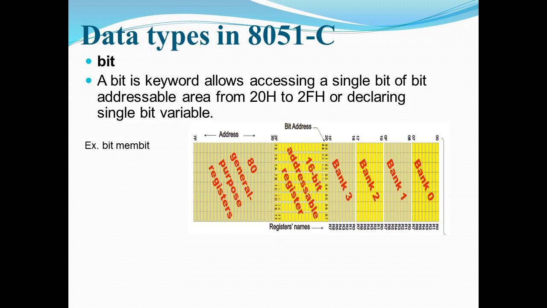Here we have to remember that we use sbit and bit data types to store a single bit of information, but sbit is always used when we are dealing with port interfacing, whereas we use the bit data type when we want to store the information within the microcontroller's bit addressable memory area only. The sbit is used while interfacing with the port, and the bit data type is used only when you are storing the information within the microcontroller.